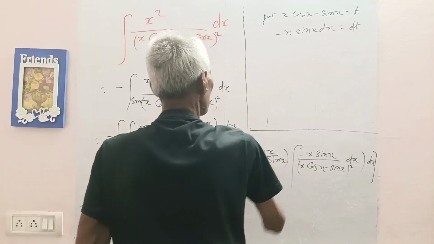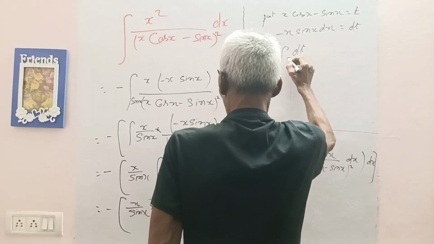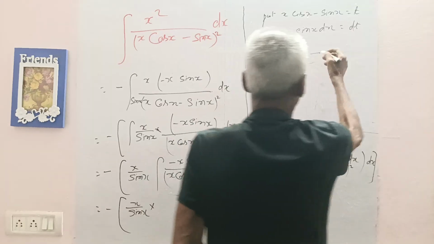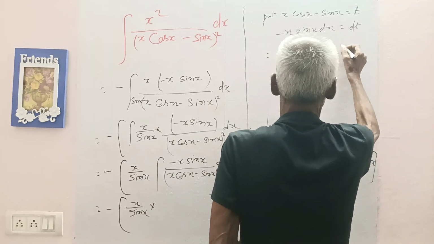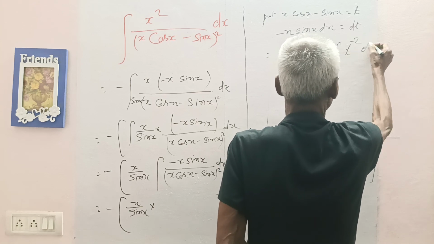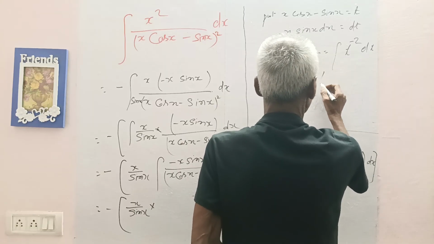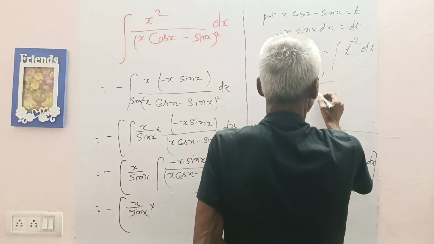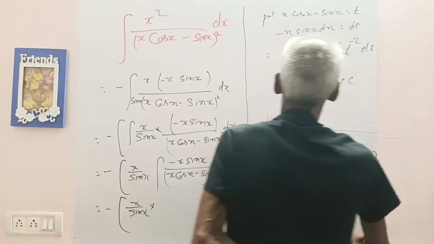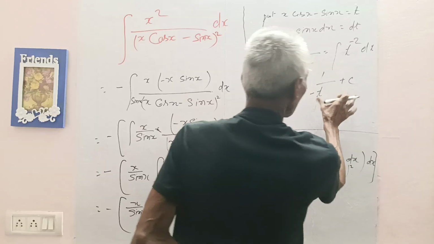Then this term will be dt by t square, and if you solve it, it will be t power minus 2 dt. It will be 1 by t, minus, t plus c. The solution of this part will be this.